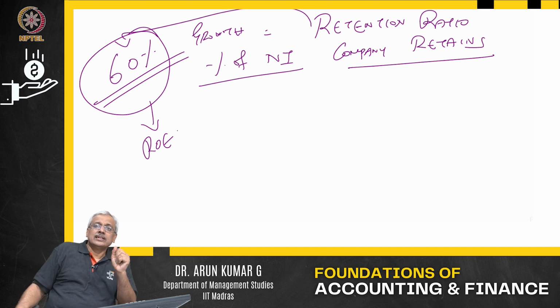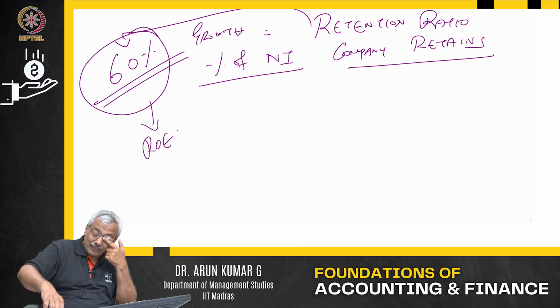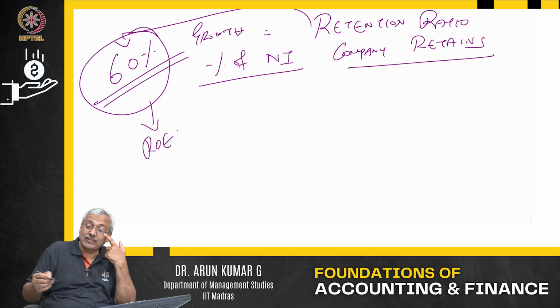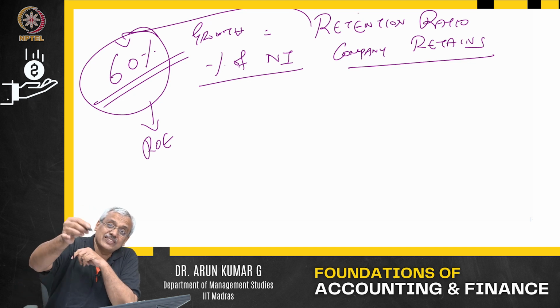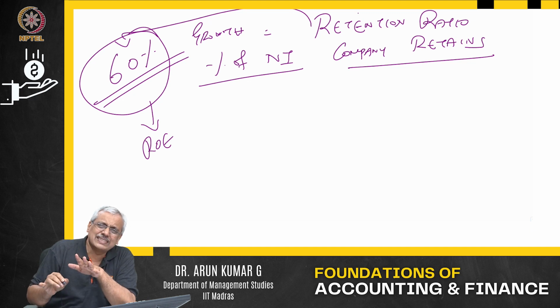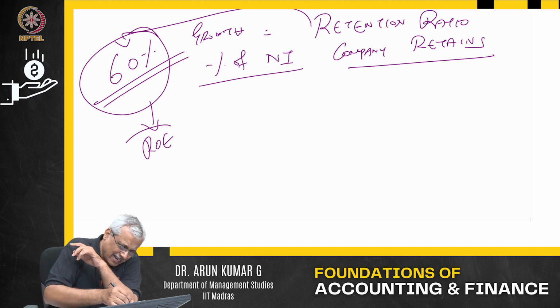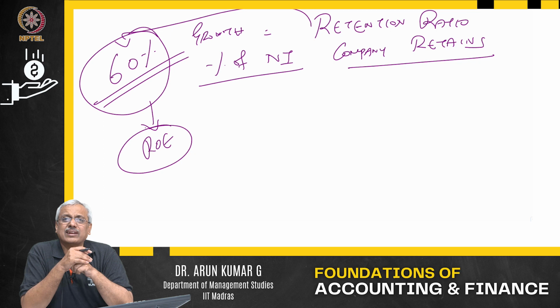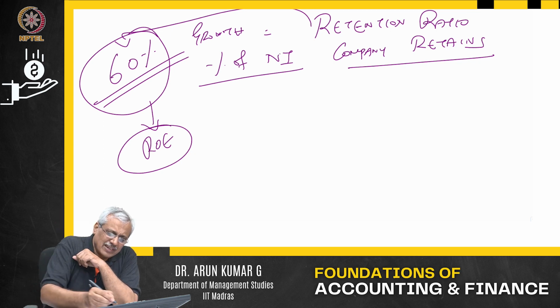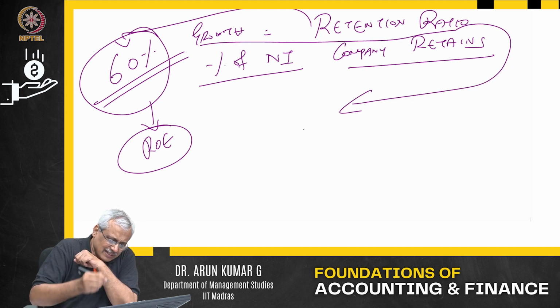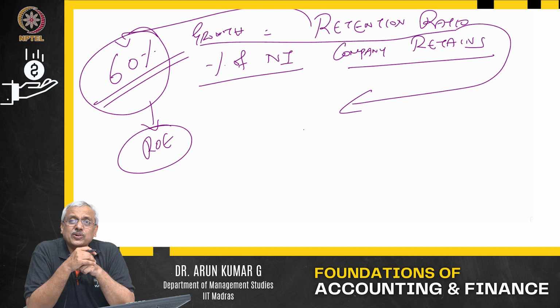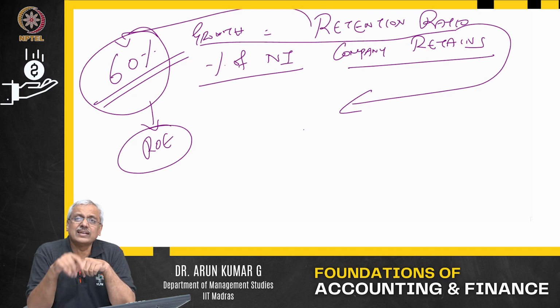You may not get the same kind of return, possible. So whatever amount of money you are going to retain, what is the rate at which that is going to earn? Here in this base case, vanilla case, I am going to assume it earns at the same return on equity. So growth comes only from the retention ratio, number 1, and the return that the retained money is going to earn in the market.